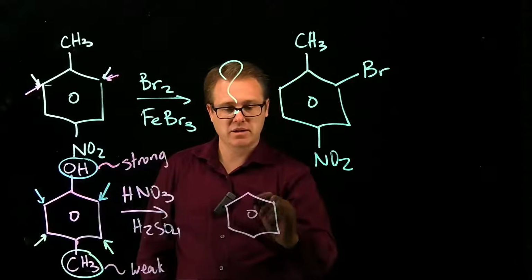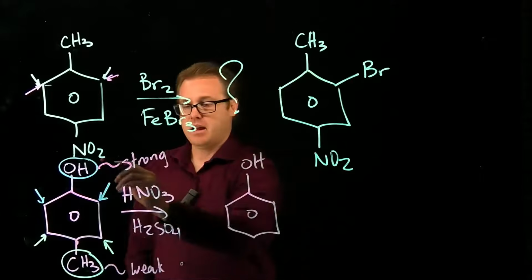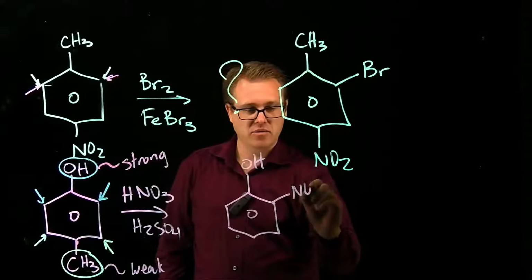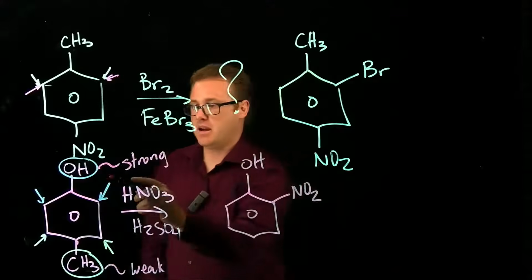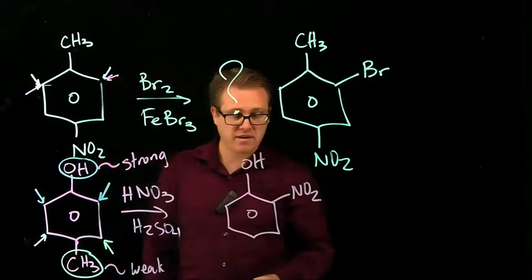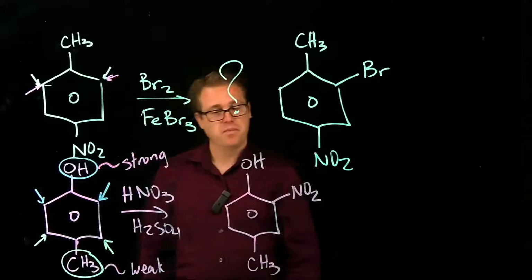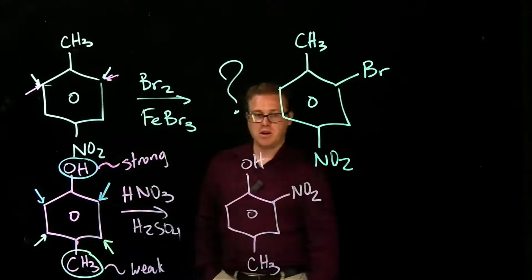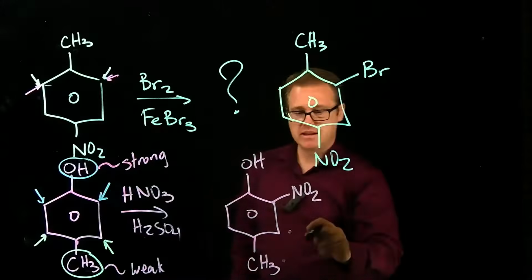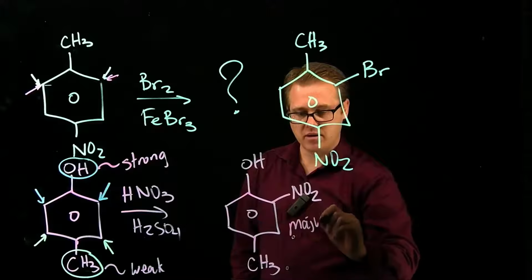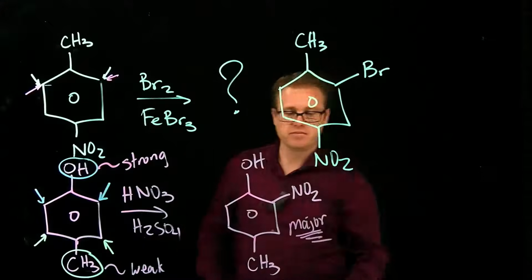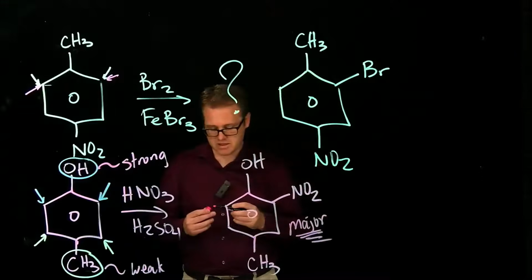So our product is going to be, put the nitro group there because the OH is the stronger activator, so it's going to predominate. And that right there would be our product. We could say that would be our major product. Isn't that cool stuff?